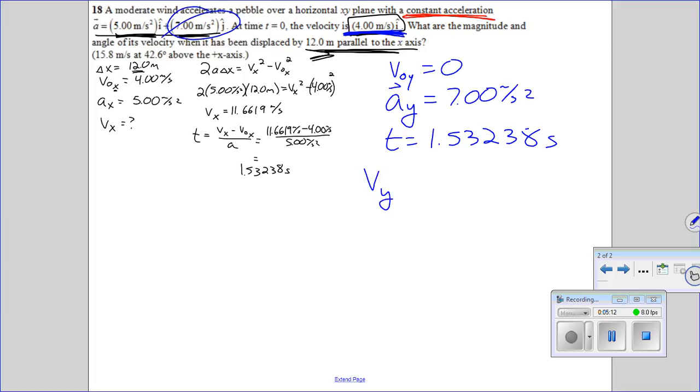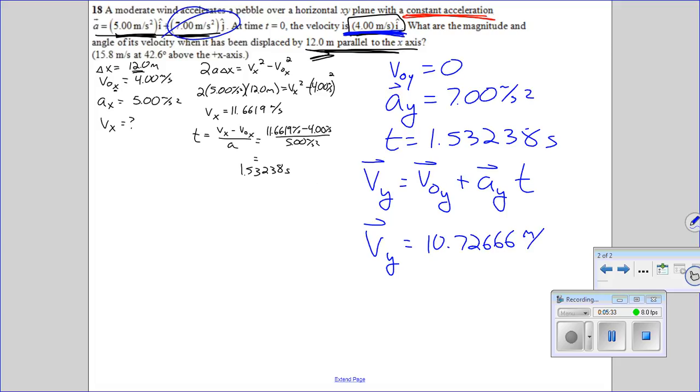My velocity is my initial velocity plus my acceleration times my time. Now I actually do need these little hats here. All right, so figure this out. The Vy, after you plug in these three numbers here, ends up being 10.72666 meters per second.